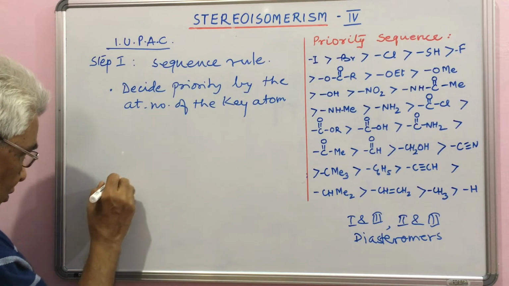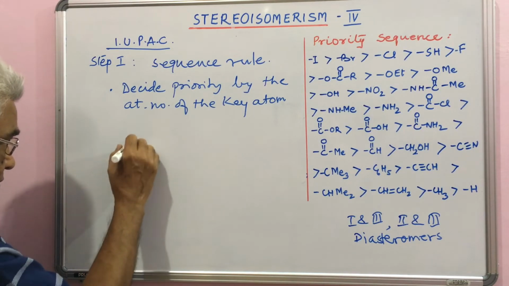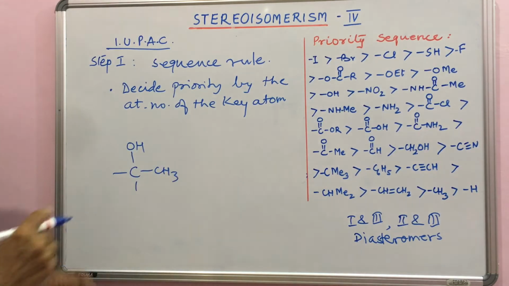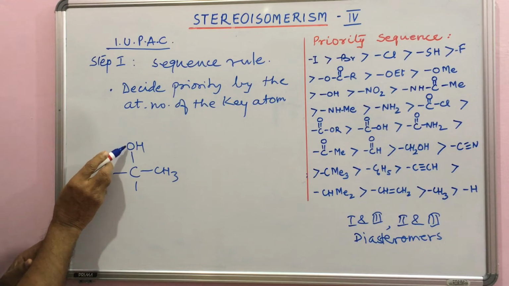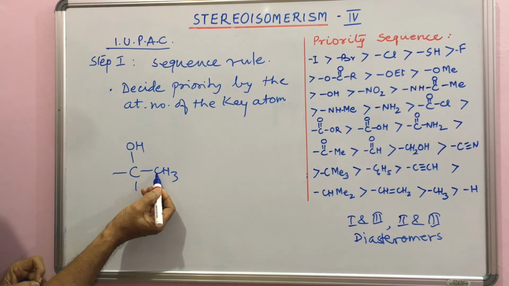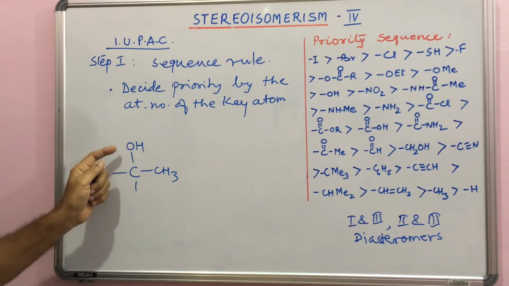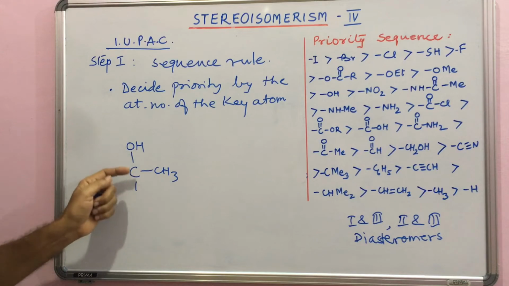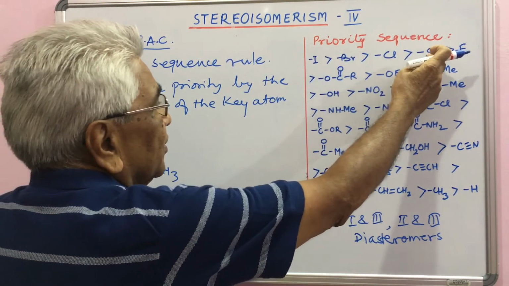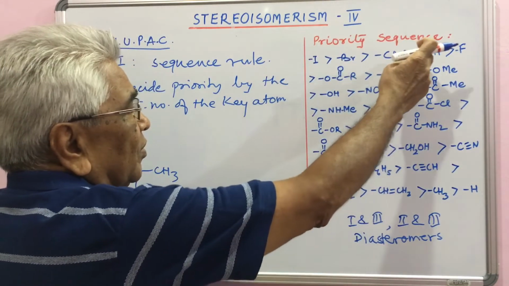For example, if you have here OH, CH3, etc., this O is the key atom. In this case, C is the key atom. So if they are different, that is, one is I, Br, Cl and SH, they all have different key atoms.